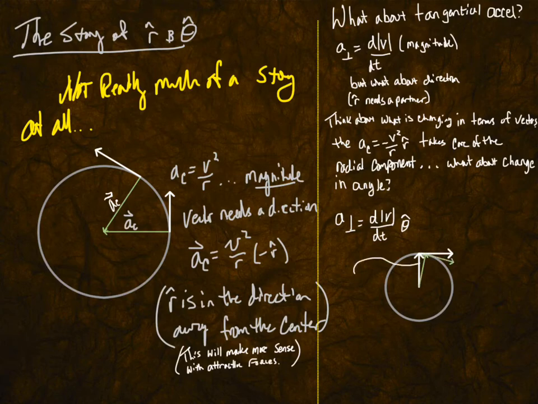Okay, so we have these two vectors right here, and as we accelerate in one particular direction in the circle, it's going to create a tiny change in our angle. There will be a small change in that angle right there, a delta theta.